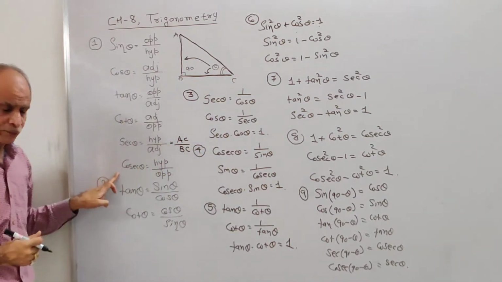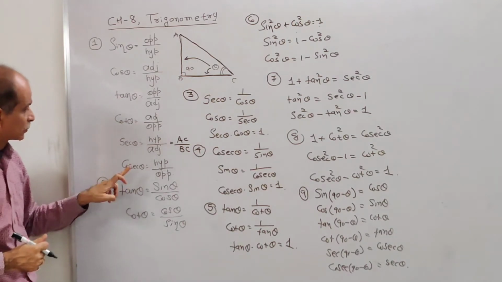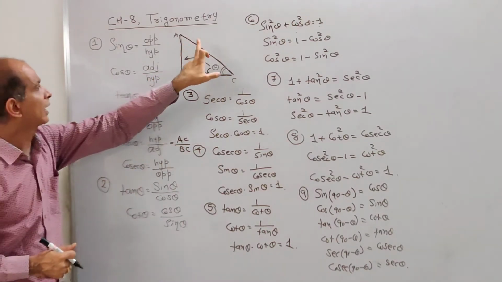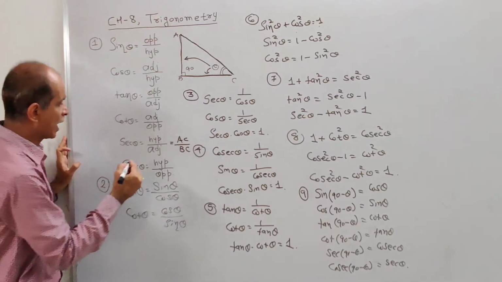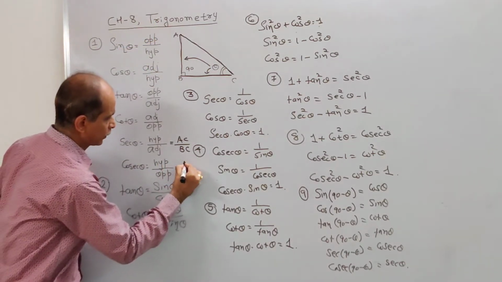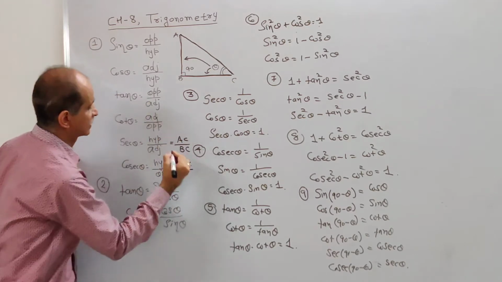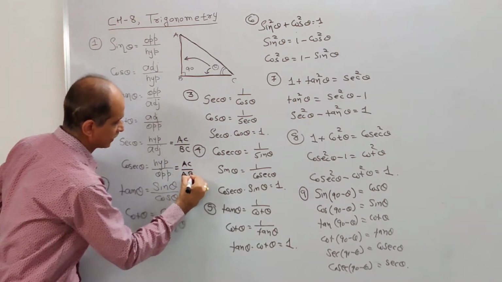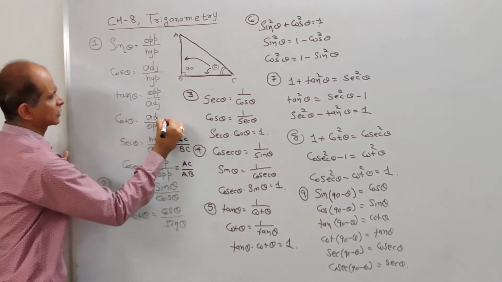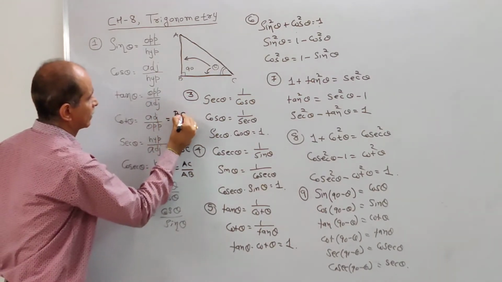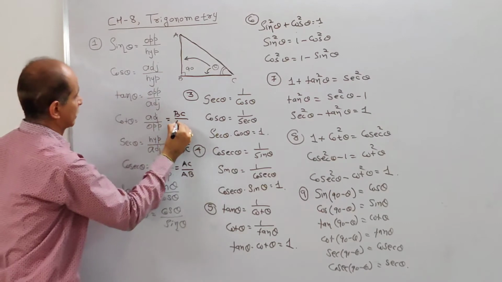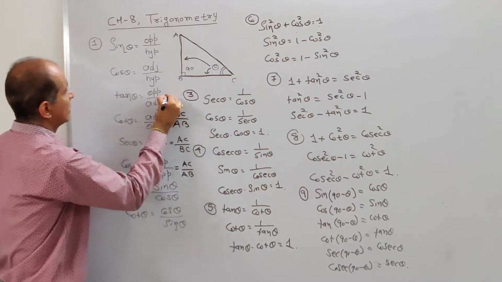Similarly, cosec theta is equal to hypotenuse upon opposite. Hypotenuse is AC and the opposite side is AB. You can also write cot theta: adjacent, that is BC, upon opposite, that is AB.